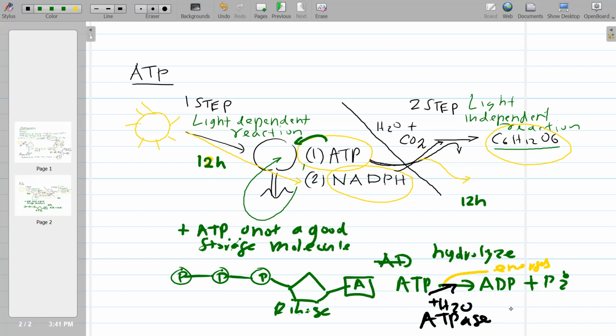You see, now we have two ideas. One is the light dependent reaction which takes place in the daytime. So roughly 12 hours they can produce ATP, and ATP cannot be stored as an energy source.